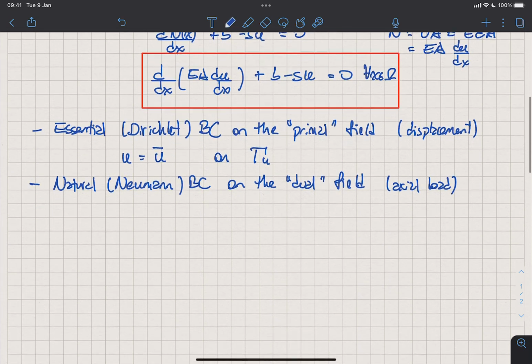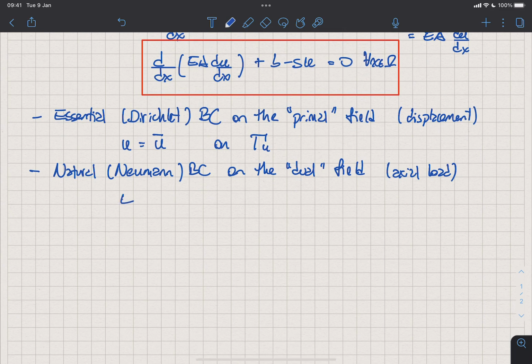So EA du/dx, evaluated at gamma T and multiplied by some normal n, is equal to some prescribed value of the force.